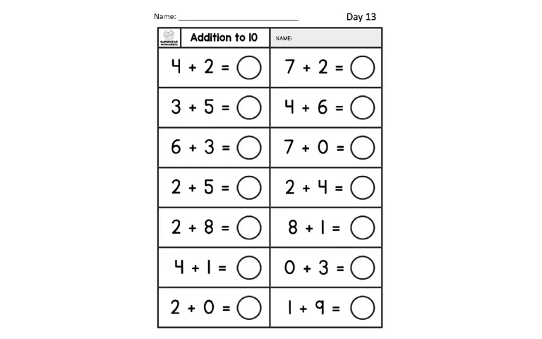All right, so our last page is some addition, and this addition goes up to 10. So I'll do one with you, and then you can solve the rest of them by yourself. So let's start with our name at the top, first and last name.